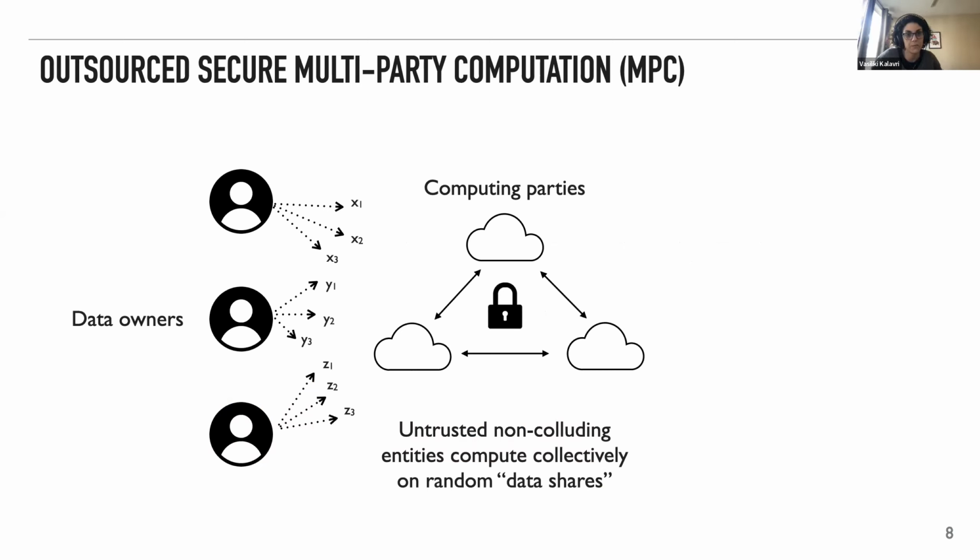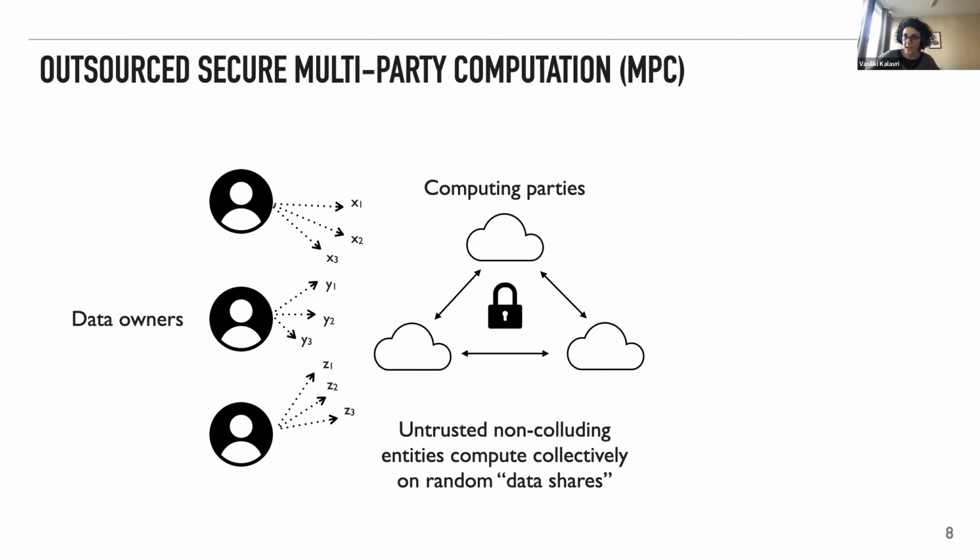So what is secure multi-party computation, or MPC for short? It is a family of cryptographic protocols that allows mutually distrusting parties to perform arbitrary computations on their private data without revealing the data to each other or any external entities.